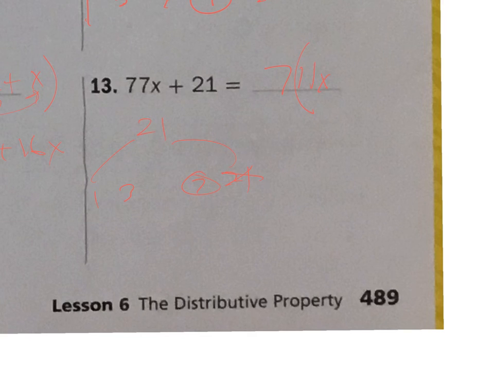Then I got to take my x with me. Plus 7 goes into 21 3 times. So 7 parentheses 11x plus 3 end parentheses. If I would distribute this, 7 times 11 is 77x, plus 7 times 3 is 21, which is exactly the same as that.